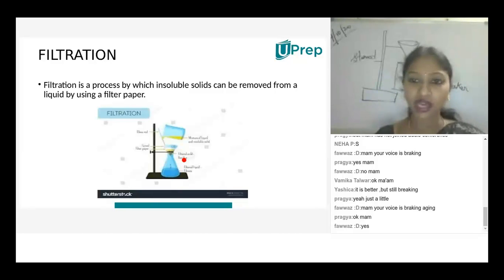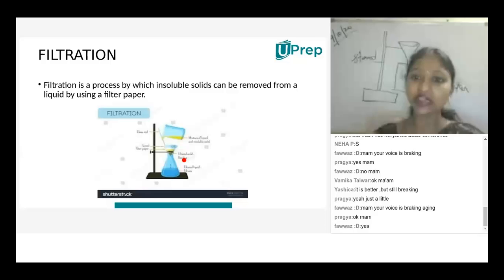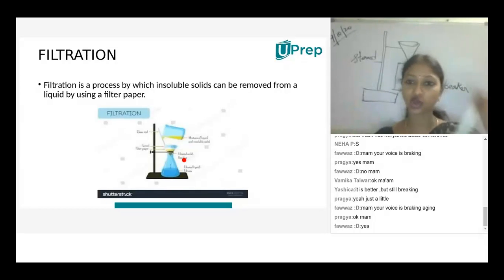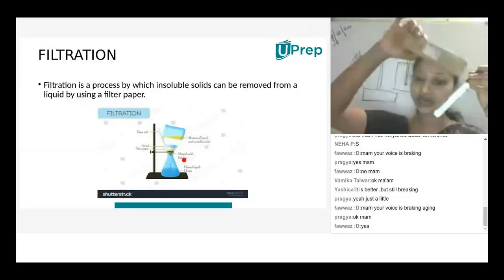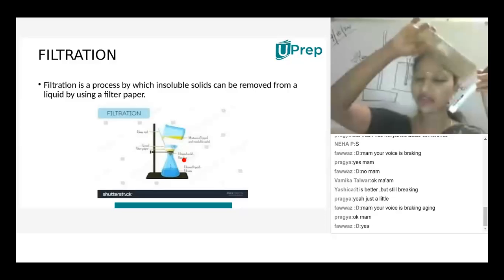We take a round filter paper, fold it, and insert it in the funnel. When we insert the filter paper in the funnel, using a simple glass rod, we pour the way we did the decantation. In the same way, we pour the liquid along with the solid settled at the bottom.